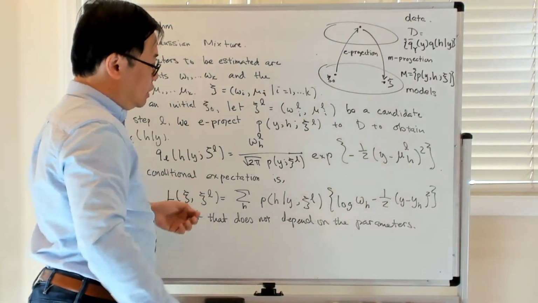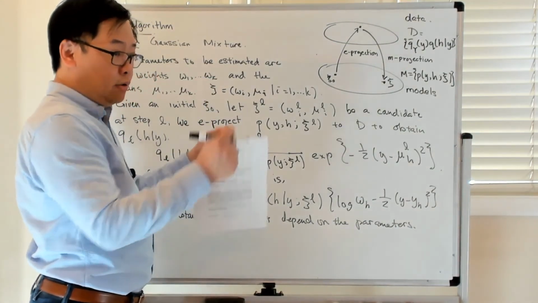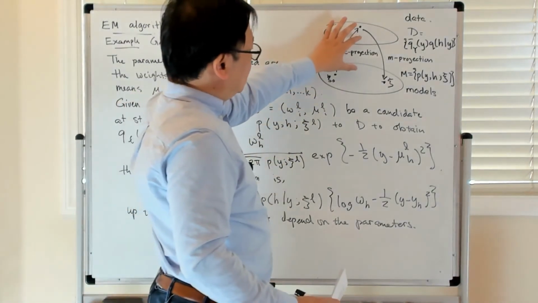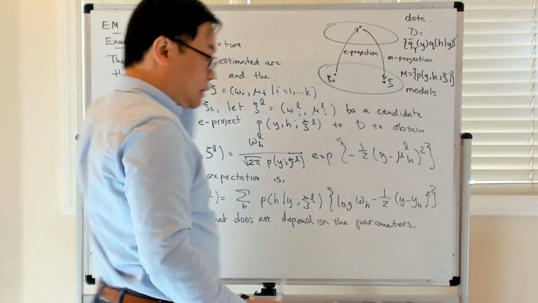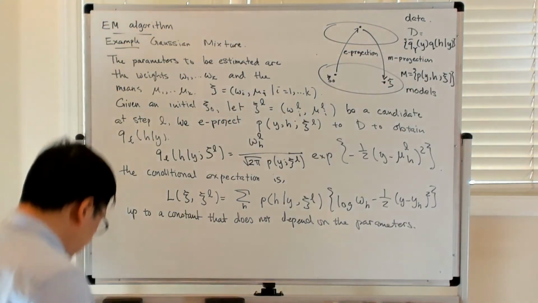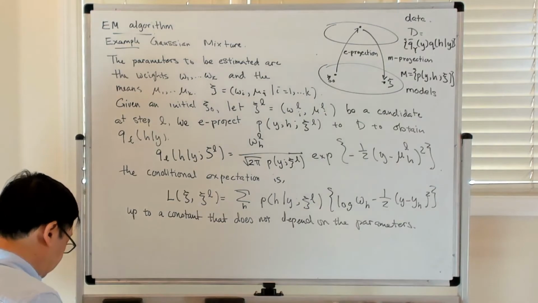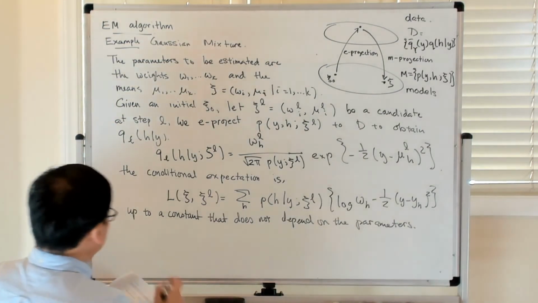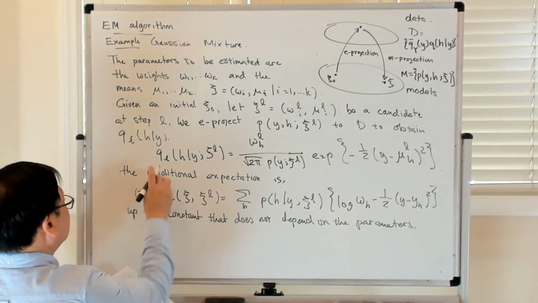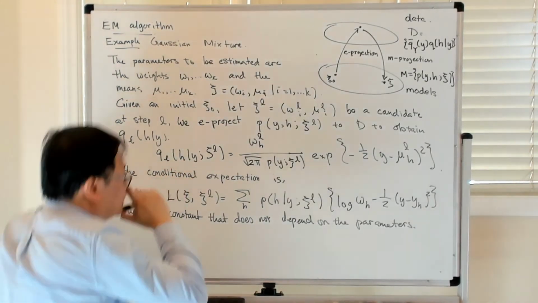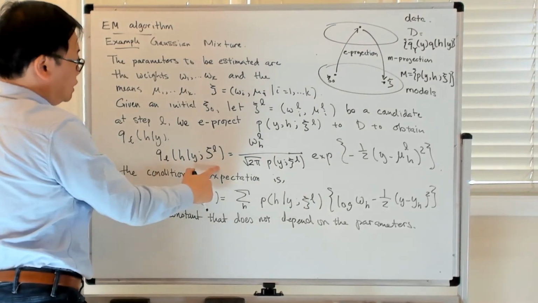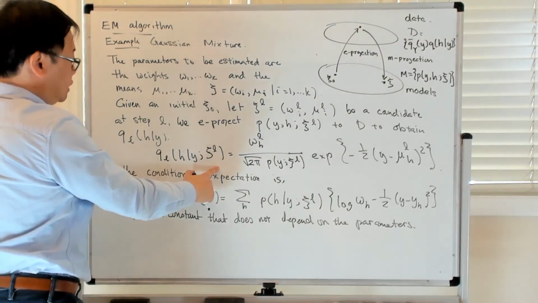They don't depend on the things you are trying to vary in order to achieve the pair of points in D and M which minimize the divergence. So this is the E projection step.